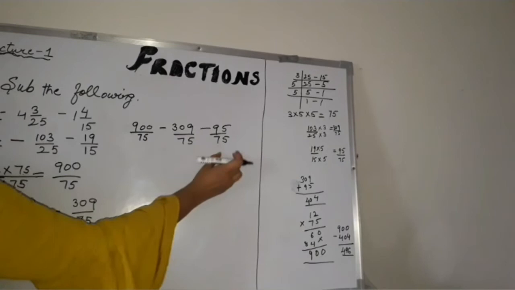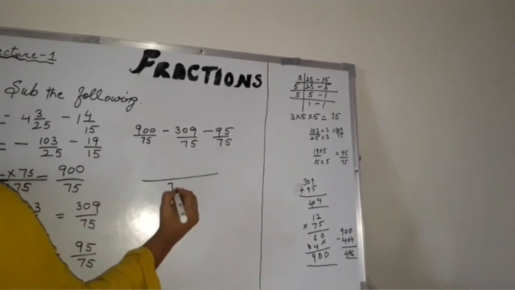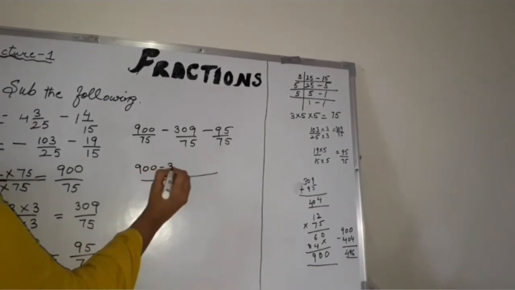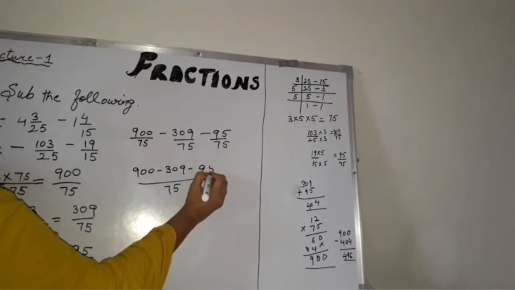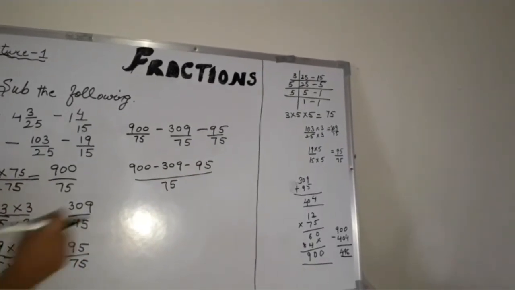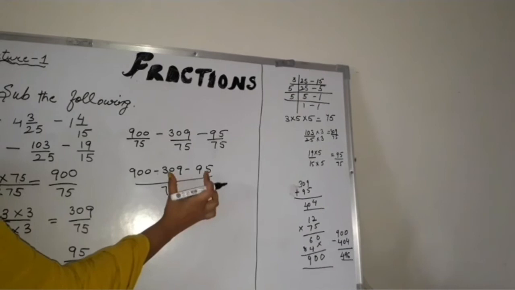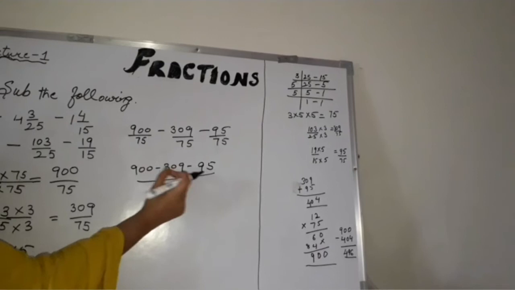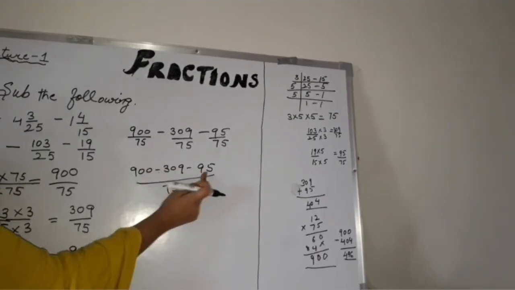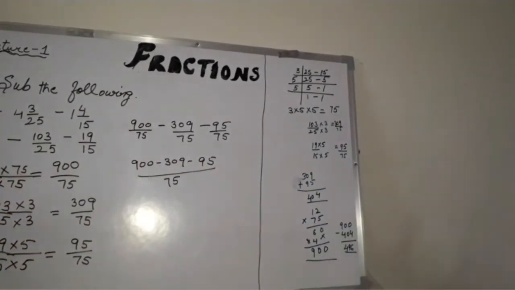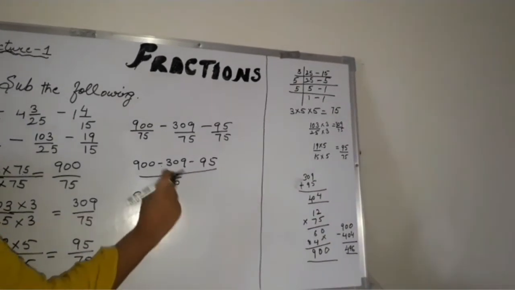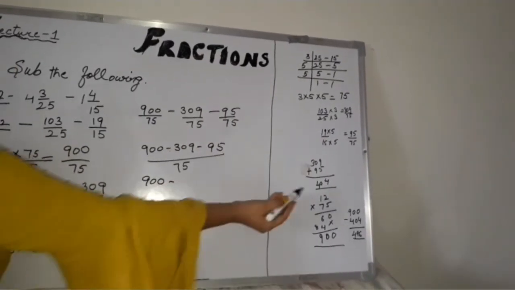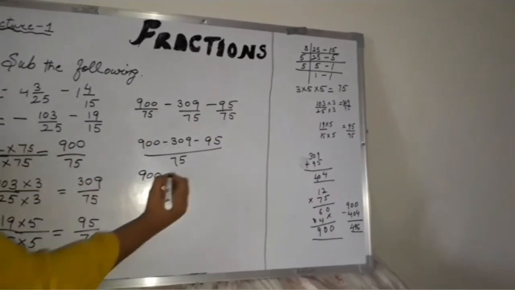Now I have the same denominator. I will write the denominator one time, and I will write my numerators as they are, minus 95. Now you can do it in two ways. Either you can do minus minus plus and then get the final answer and subtract it, or you can first subtract these two, and whatever the answer is, subtract 95 from that. Here, I first added them, because I know minus minus becomes plus, and after adding I get 404.